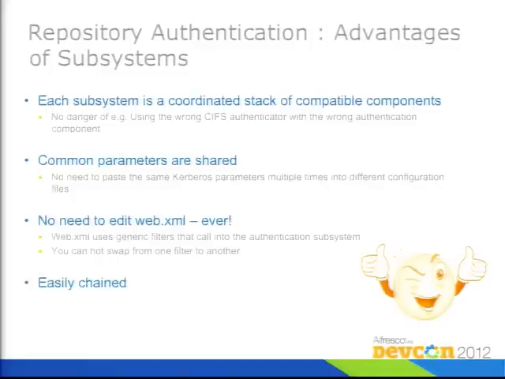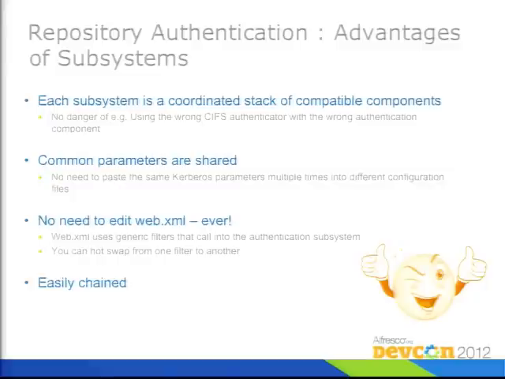So no need anymore to change your web.xml file in the Alfresco web application or Share web application, because up to version 3.1, when we wanted, for example, to get the SSO working for the applications, we used to change the web.xml file in order to introduce a new filter, which will check the authentication on an external authentication application and get the ticket, exchange the ticket, validate the ticket, and all the stuff.